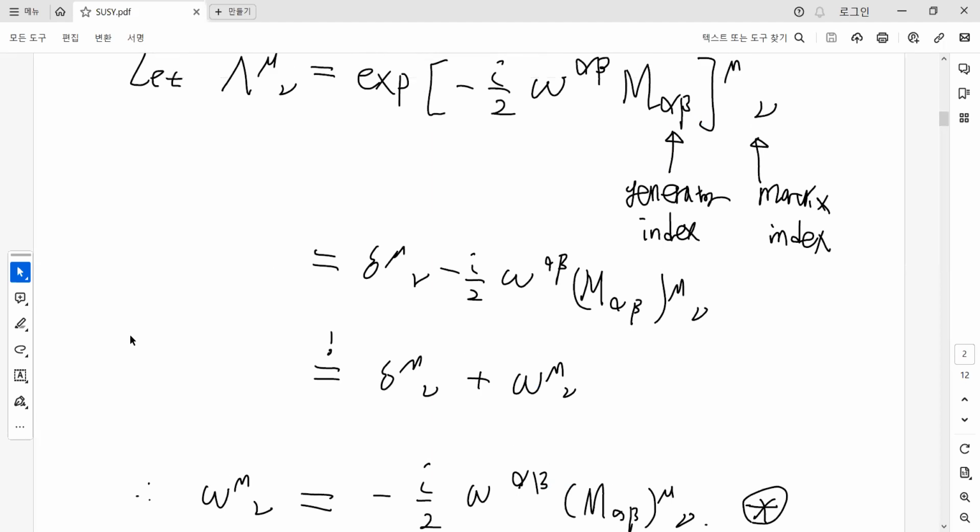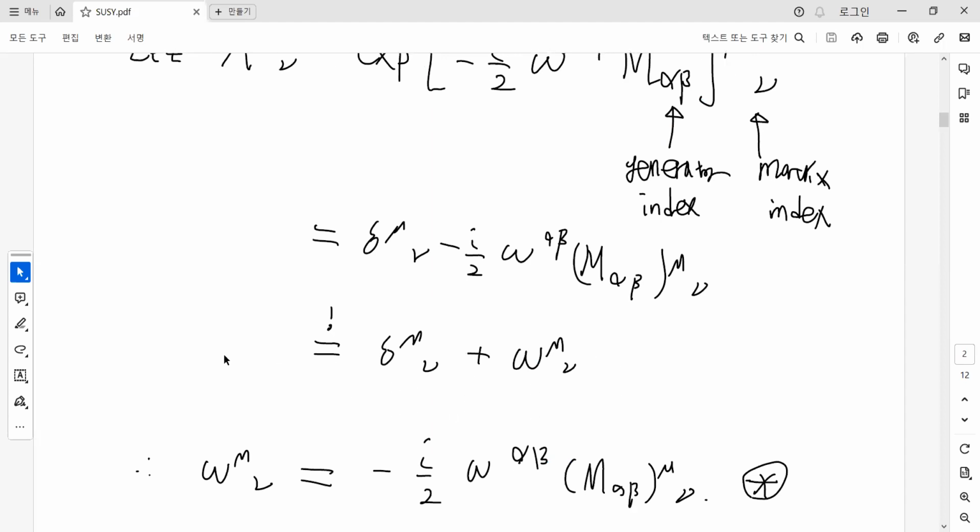negligible. And we want to make this generator expression the same as the previous one. So we want to make an explicit form of the generator by using these conditions.